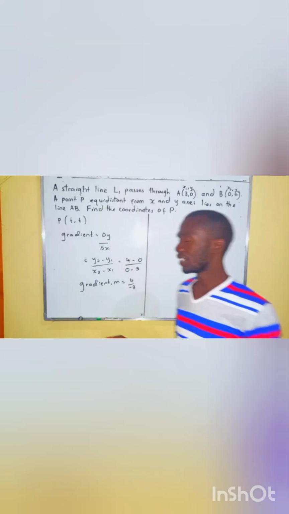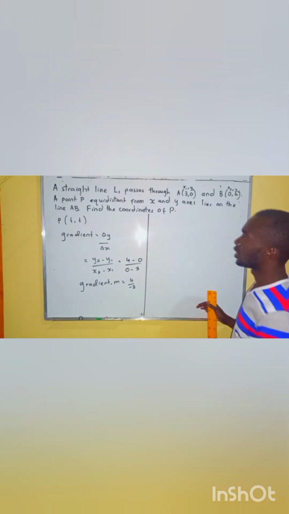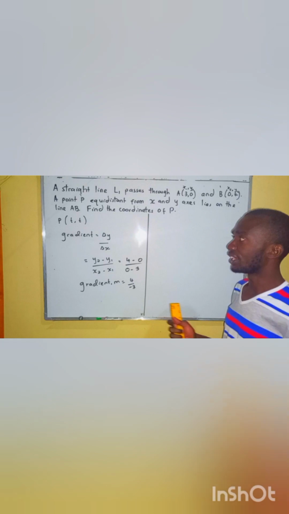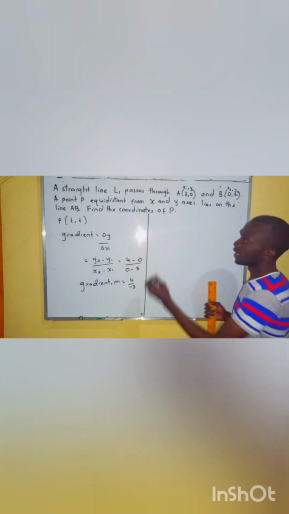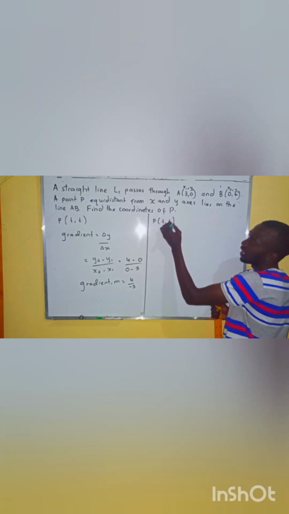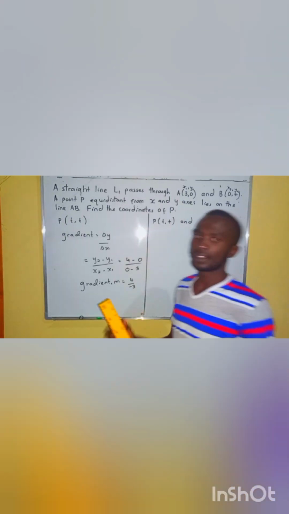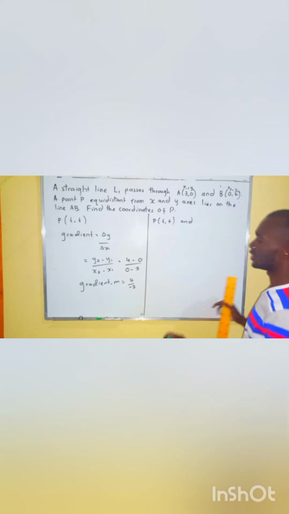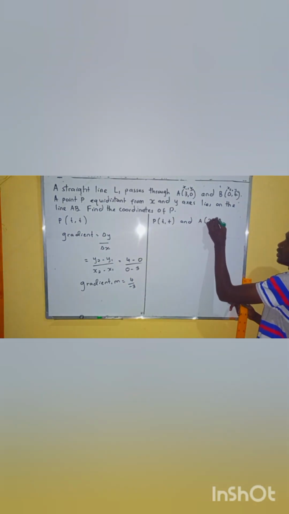Because point P is lying along the line, when you find the gradient using the point P, it should give us the same gradient. Now taking point P, which is (t, t), and one of the points which can either be A or B, we can just take A, which is (3, 0).